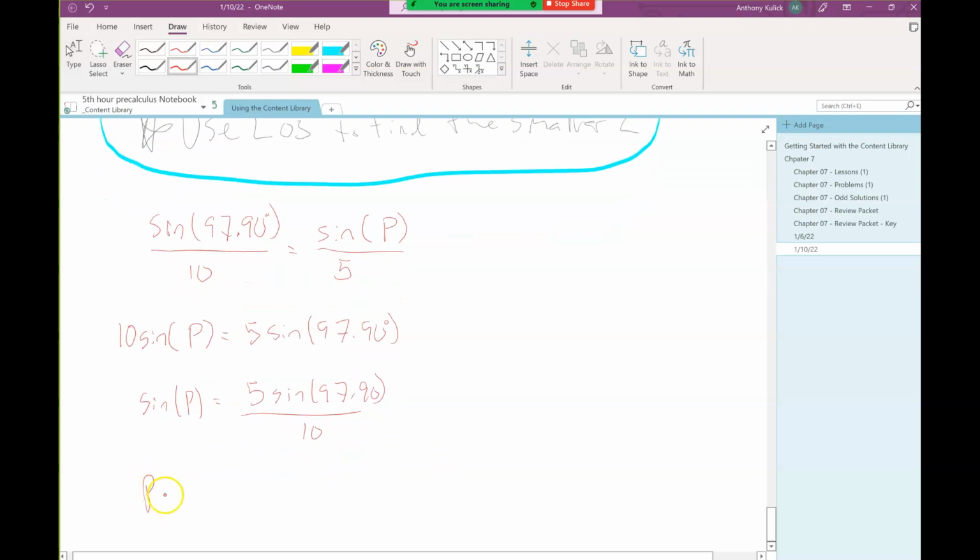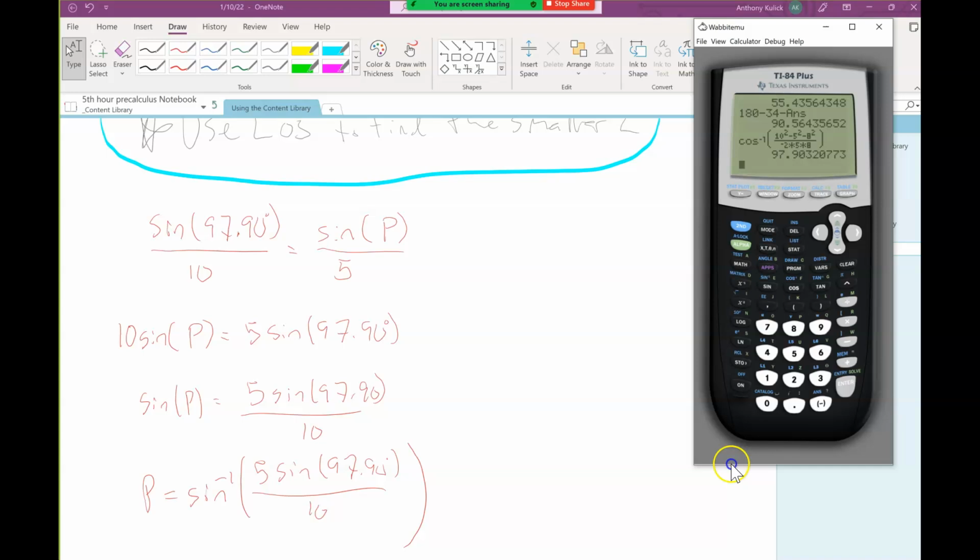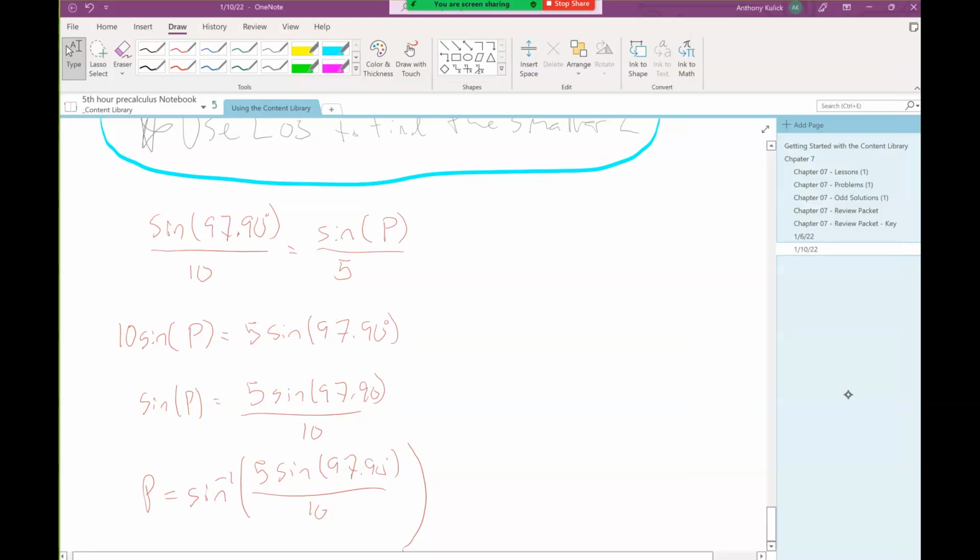And then do sine inverse to both sides. So I get 29.69.